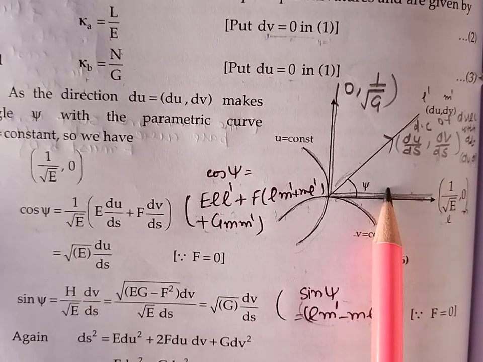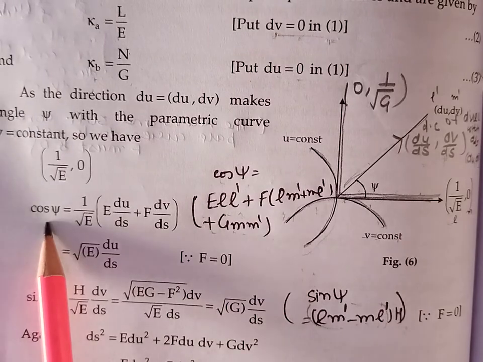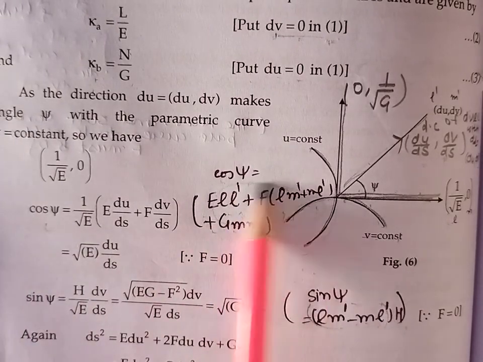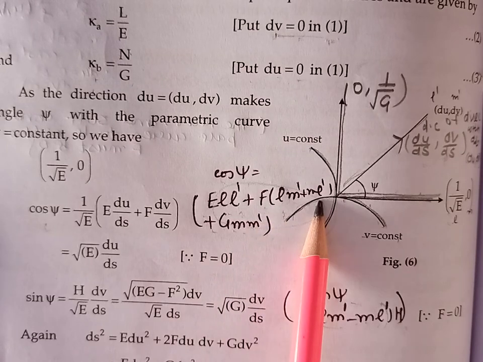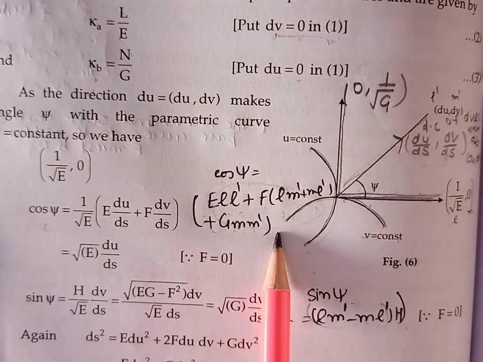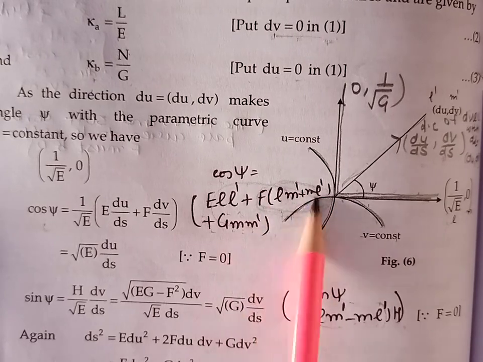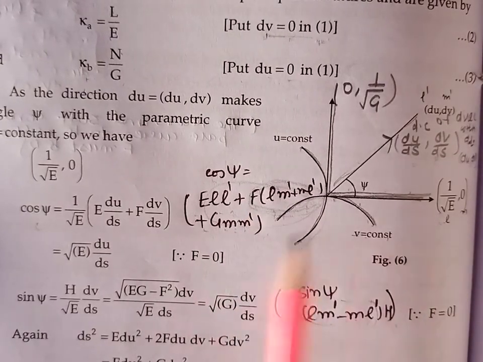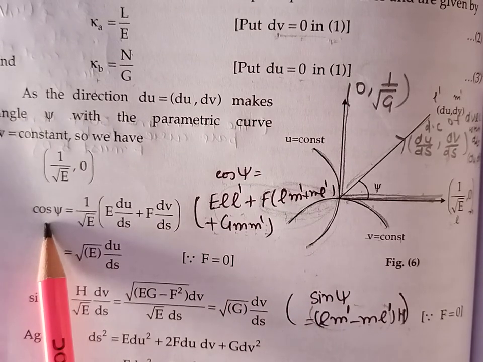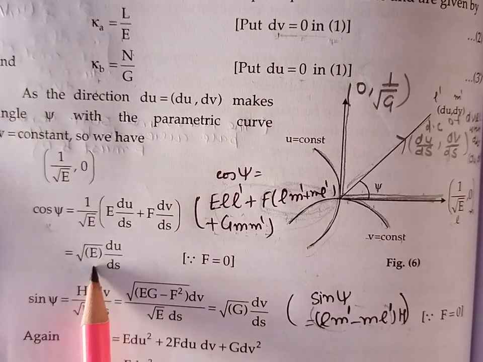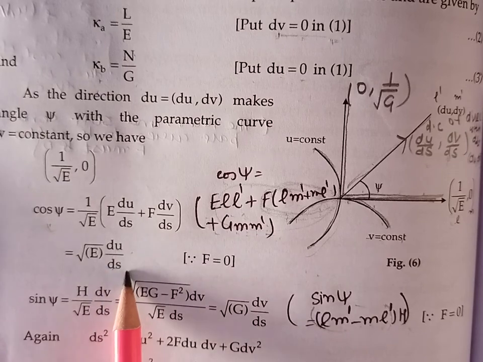So let us apply the formula. Cos psi is given by E l l dash plus F into l m dash plus m l dash plus G m m dash. Now F is 0, so this term will become 0. Also m is 0 here. So substituting the values, we get the value of cos psi, which is given by under root E into du by ds.